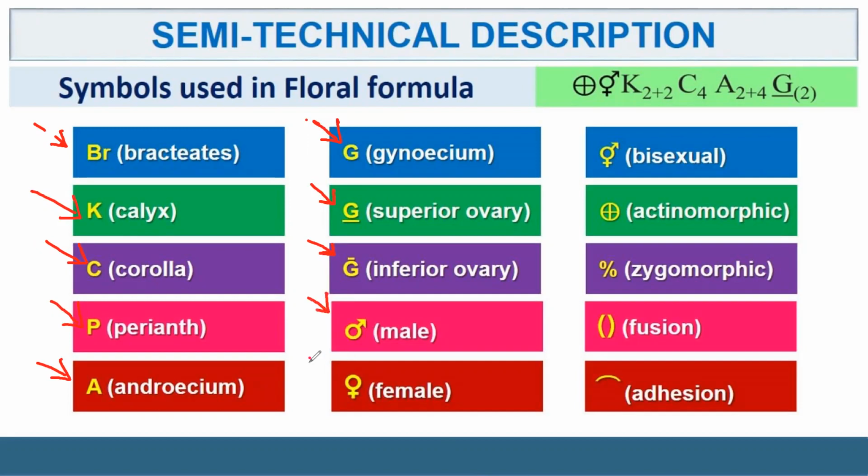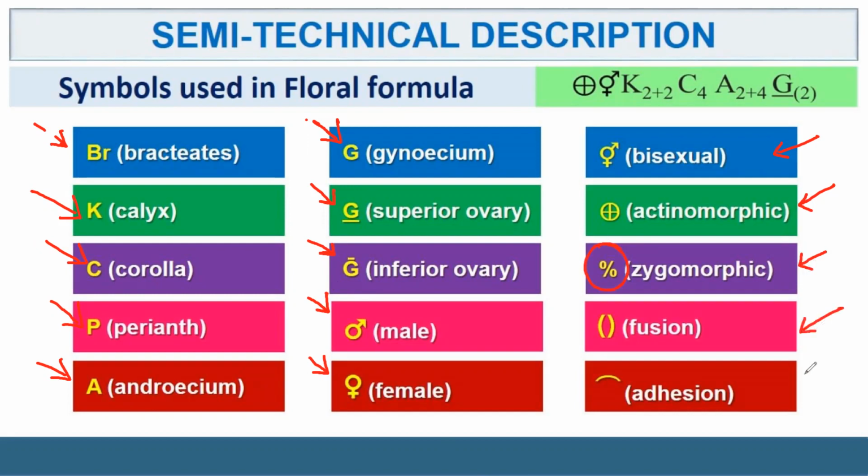This sign indicates male flower, this sign indicates female flower, and this sign is for bisexual flower. When a flower is actinomorphic, we have to use this sign, and when a flower is zygomorphic, we have to use the percentage sign.